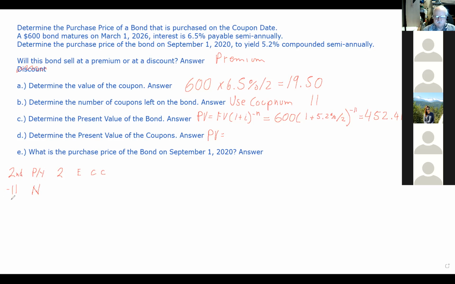The interest we know is 5.2 into IY. The present value, we don't know. The payment, there's 0 payment in this calculation.